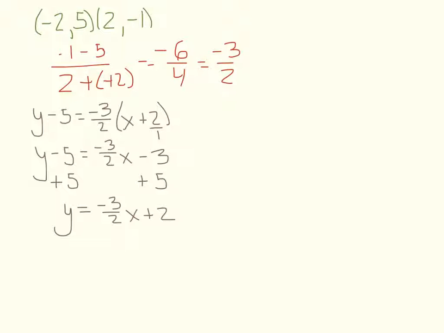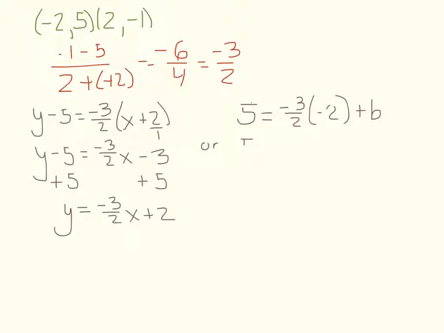Or if you did it the other way, you're going to use y equals mx plus b. So we're going to have 5 equals -3 over 2 times -2 plus b.